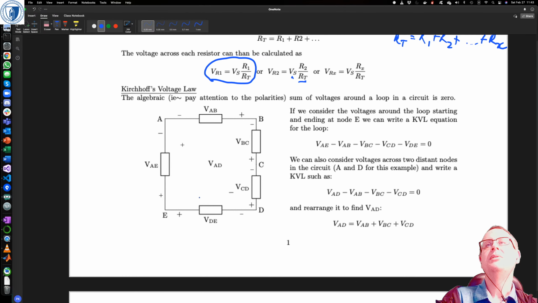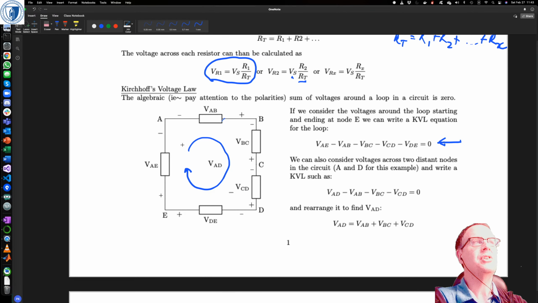The idea is to go around the loop this way, and the Kirchhoff's voltage law equation is VAE minus VAB minus VBC minus VCD minus VDE equals 0. Right? That's exactly what we've been doing with mesh analysis this morning.